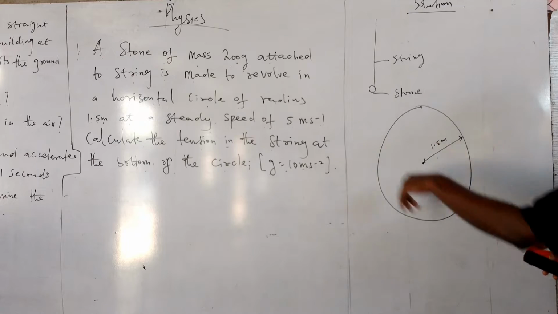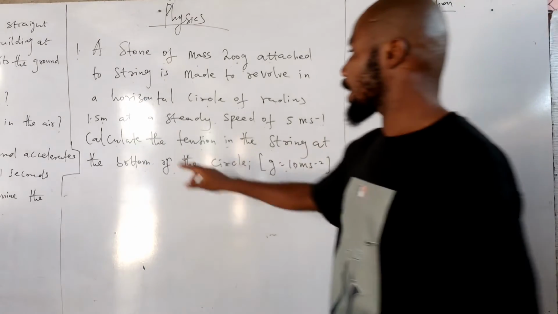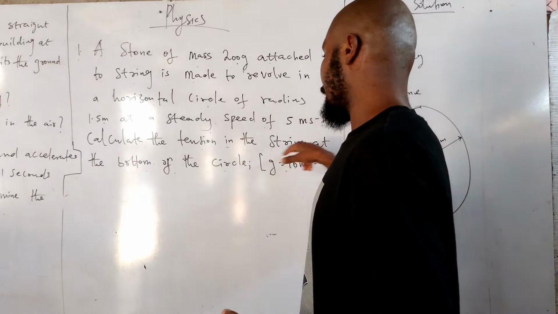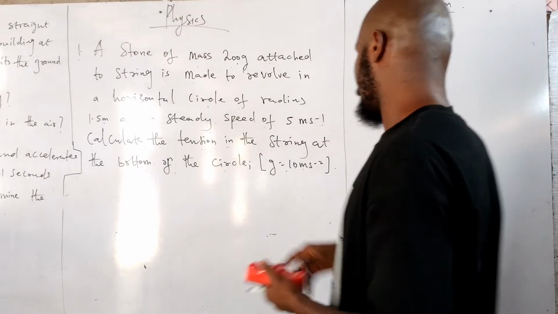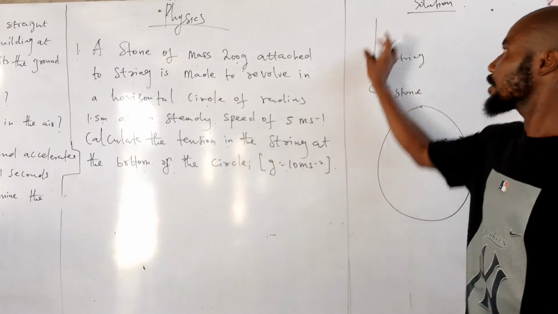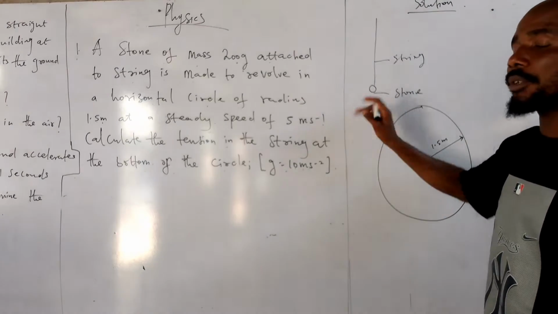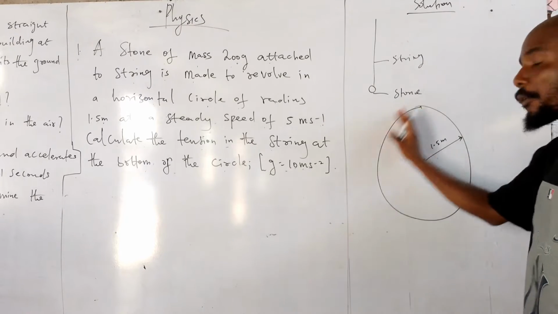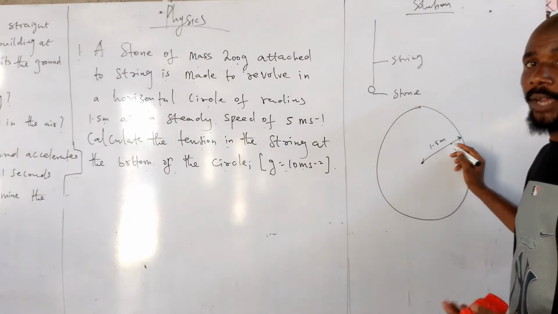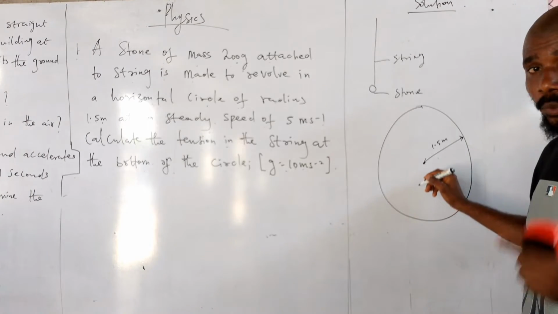Now they say we should calculate the tension in the string at the bottom of the circle. Now watch what is happening here. As I'm winding the string with the stone, I form the circle, and this circle has a radius of what? 1.5 meters. So let's visualize and see what happens now.